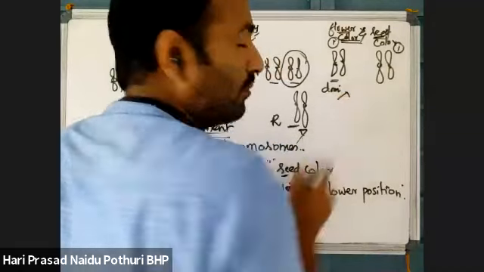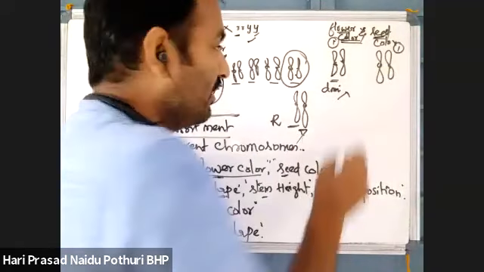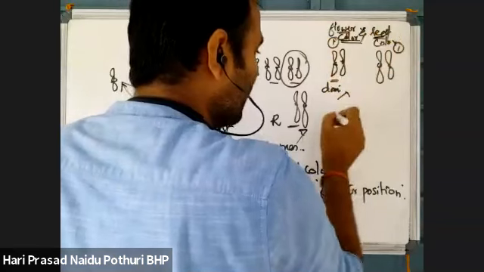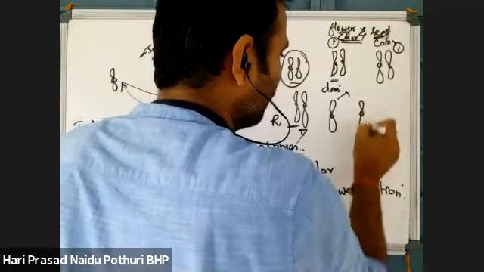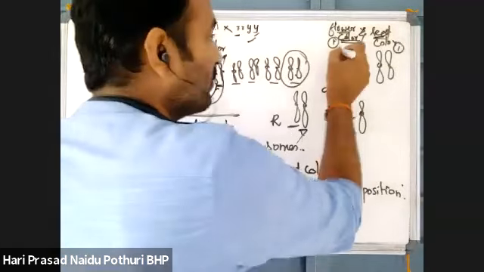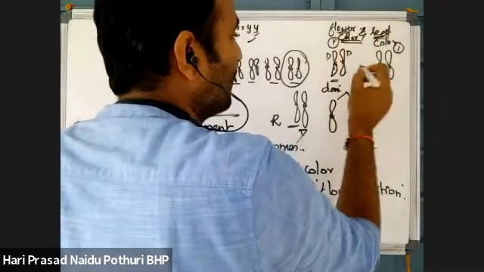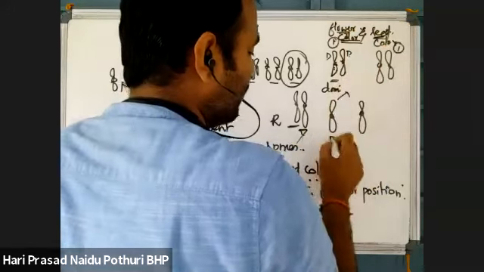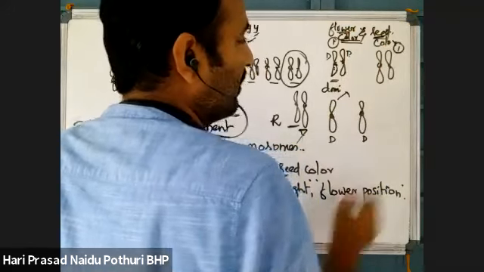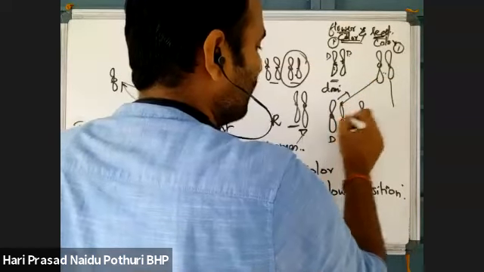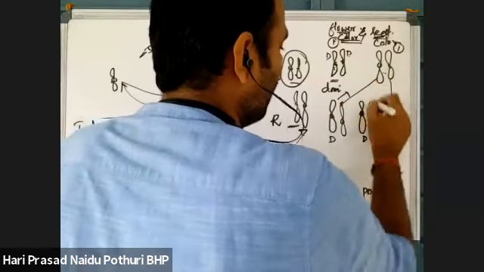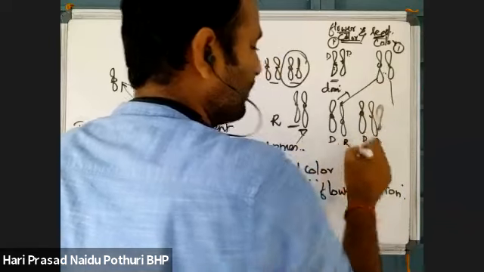So during gamete formation, what will happen? As both are here, this chromosome will segregate into two. So now this will get dominant for both characters. This is dominant, this is dominant. And this chromosome will be segregating like this: recessive, recessive, recessive, recessive.